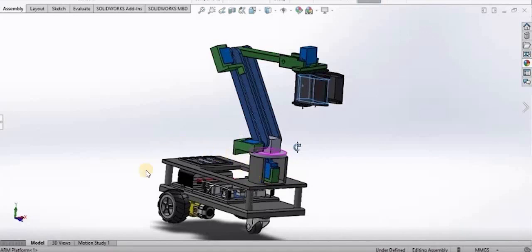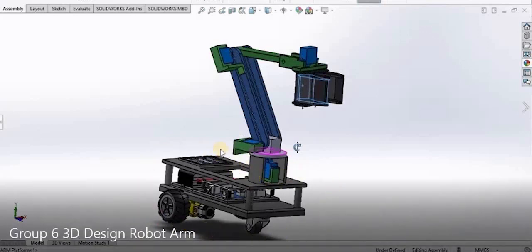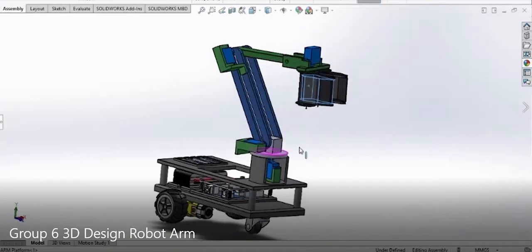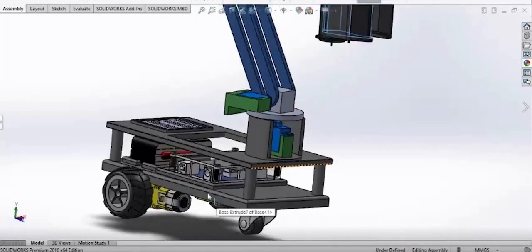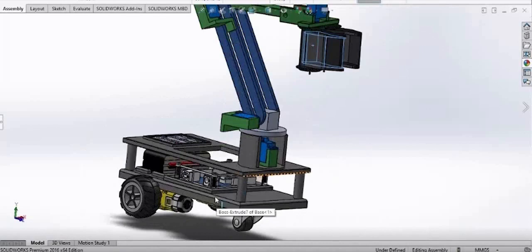The first part, as I point out with my cursor in this area, is the main body, and the second group is here, which is the robotic arm itself. So at the first place, let's go into the main body first.